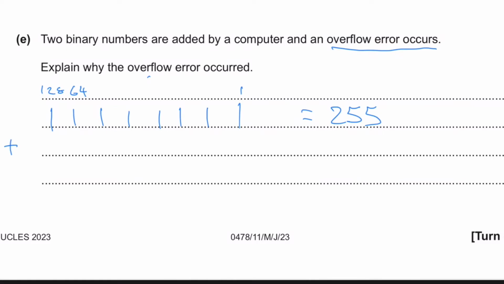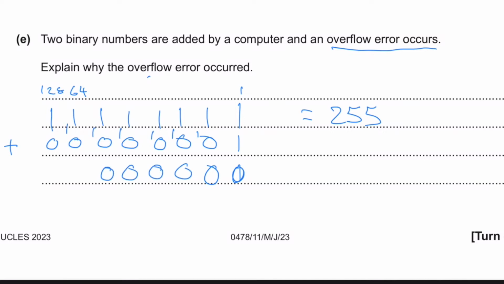Now if I added another number to it, let's just add a 1 to it. Okay, so we know that if we add a 1 to that, it would equal 256, but 256 would give us 9 bits. So if I go 0 there, carry the 1, 0, carry the 1, and so on all the way along, until 1 plus 1, I've got to go 0 and 1.